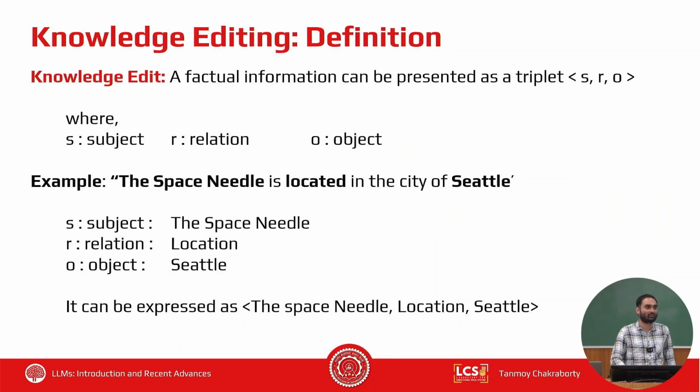So people started working on knowledge editing. The idea is that you think of this large language model as some sort of database, some sort of knowledge base where all sorts of knowledge are stored in different parts of the network. We'll discuss which part of the network stores which type of knowledge, and you basically edit that knowledge based on the fact that is given to you.